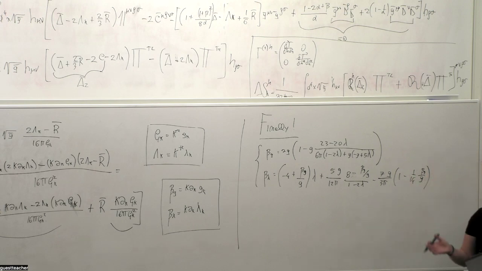These are the beta functions for the dimensionless Newton coupling and the dimensionless cosmological constant.